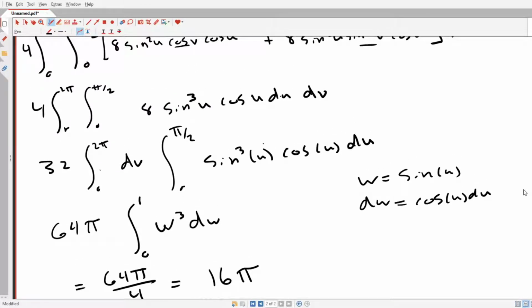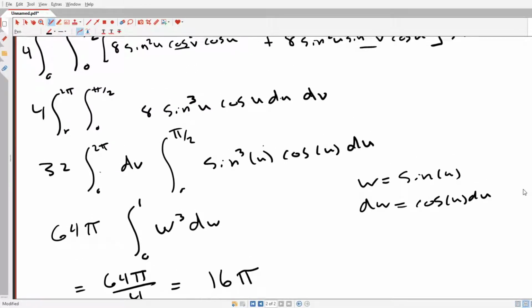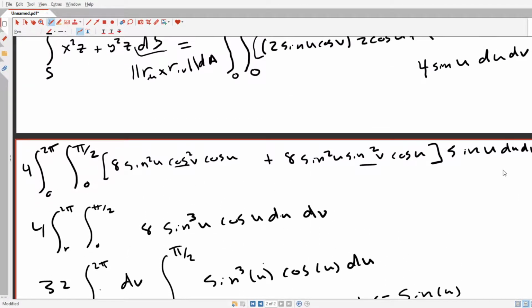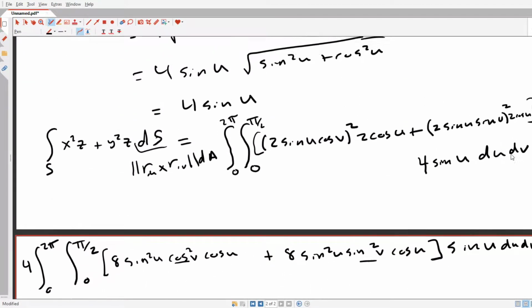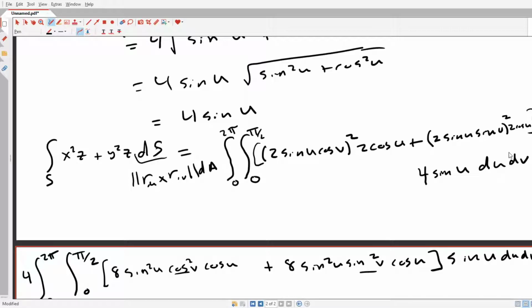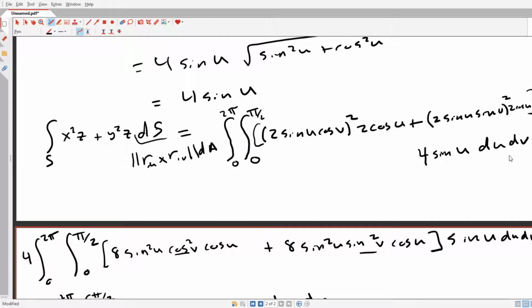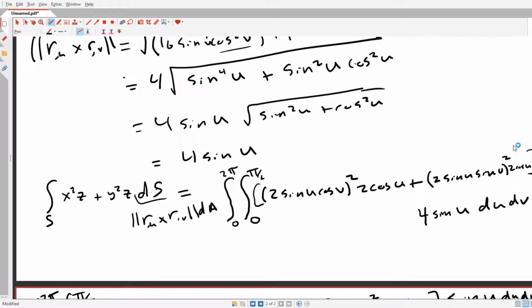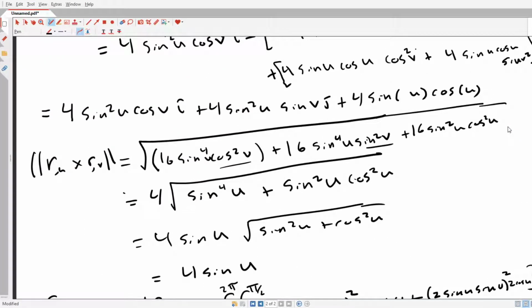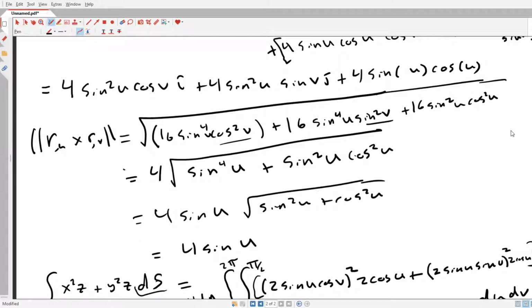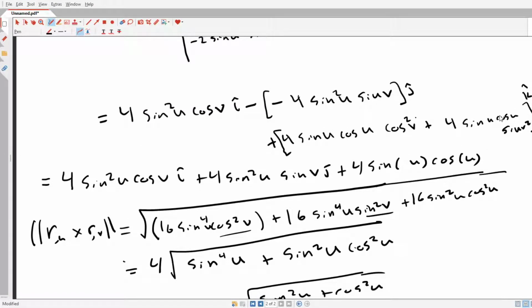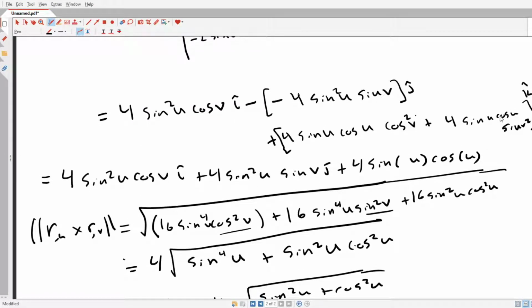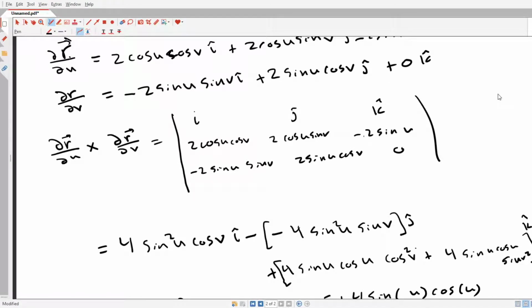Why did I get double? So that goes from 0 to pi over 2. I'm going to say I have an extra 2 in here somewhere. There's a lot of room for mistake. 16 comes out, that's 4. Those should all be 4s.